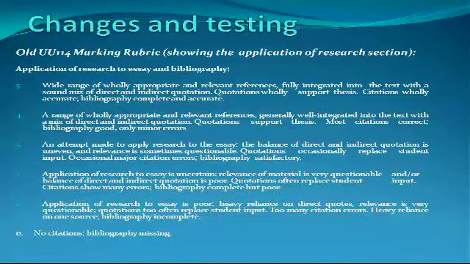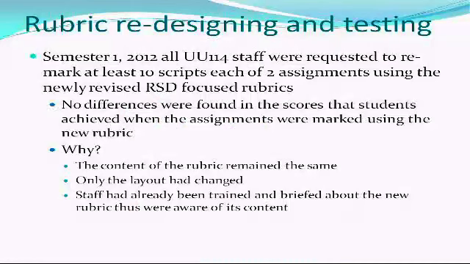So when we had the RSD workshop, the staff had a look at what the RSD focused rubric should look like. And what they found was that there wasn't much difference after they had a look at a few of the assignments. What we did was we marked the assignments using our own traditional marking criteria, and then the one that we had redesigned using the RSD one.